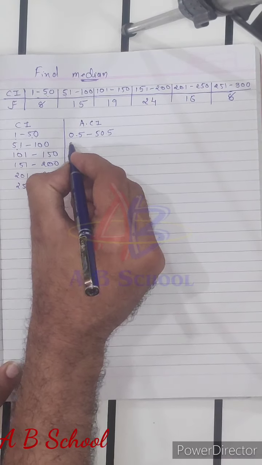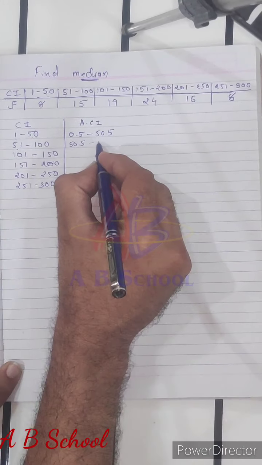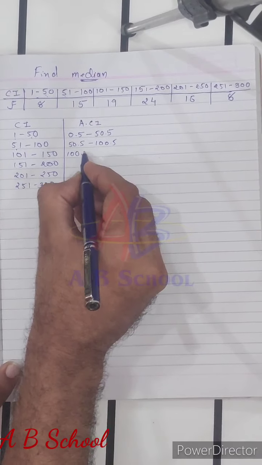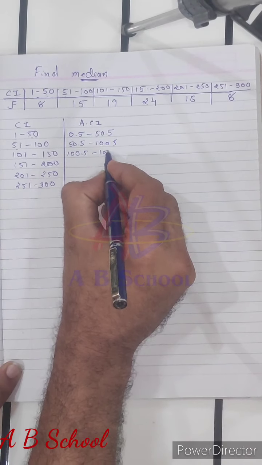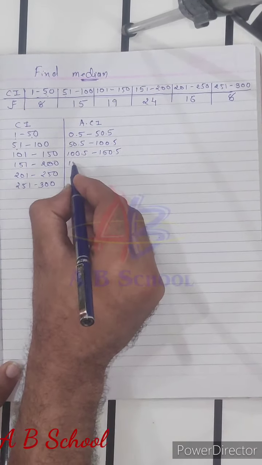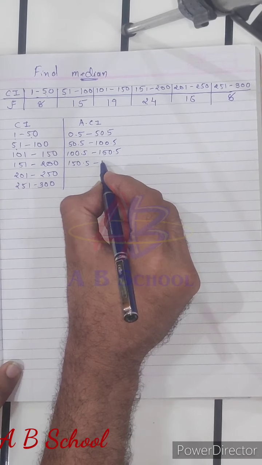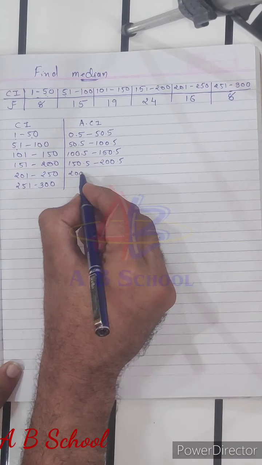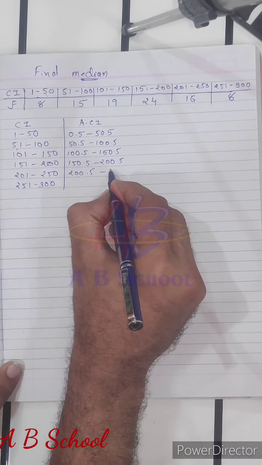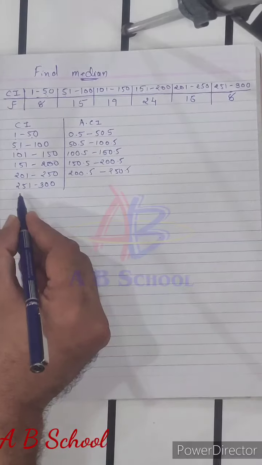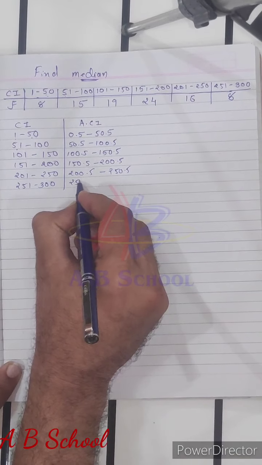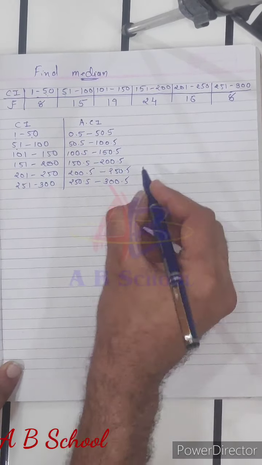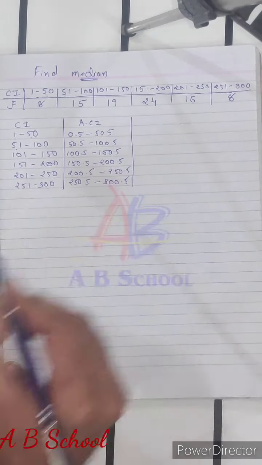Then 50.5 to 100.5, 100.5 to 150.5, 150.5 to 200.5, 200.5 to 250.5, 250.5 to 300.5. This is my actual class interval.